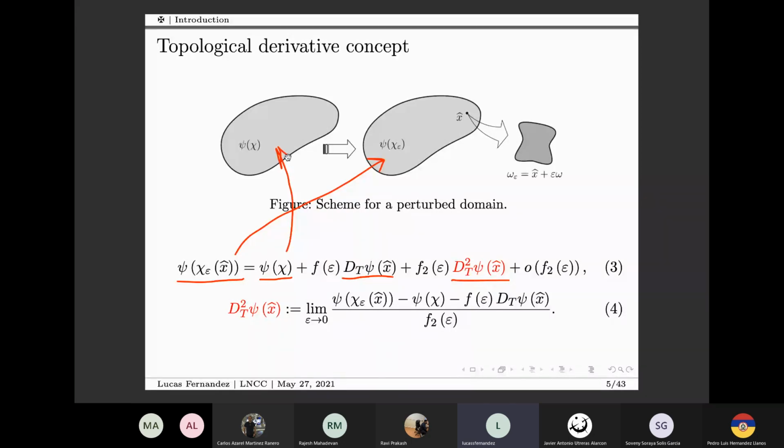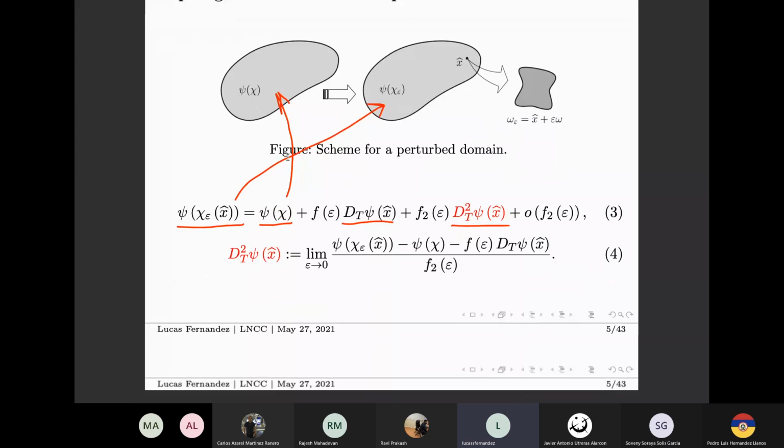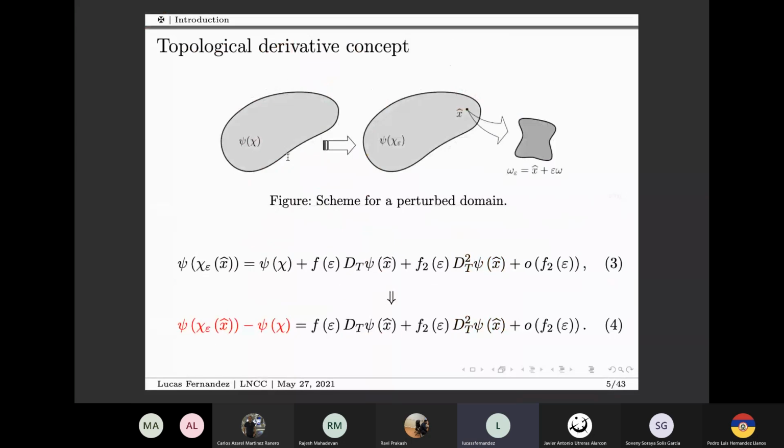When we are looking for the topological derivatives associated to the shape functional psi of chi epsilon, we need to write the difference between these functionals in terms of a sum, where each term is a product between two functions: one factor dependent on epsilon and another independent of epsilon, dependent just on quantities corresponding to the unperturbed domain.